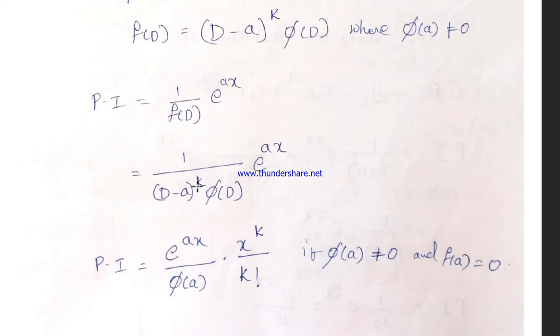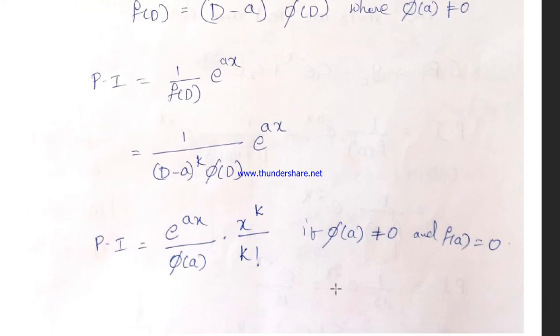K means the order of the root, meaning whatever power the factor D minus a has is equal to k. So that's why x power k by k factorial, if phi of a is not equal to 0 and f of a equal to 0. In case of f of a equal to 0, you go to the second case. You equate f of D equal to D minus a whole power k into phi of D. Finally, the particular integral is equal to e power ax by phi of a into x power k by k factorial. This is the formula.